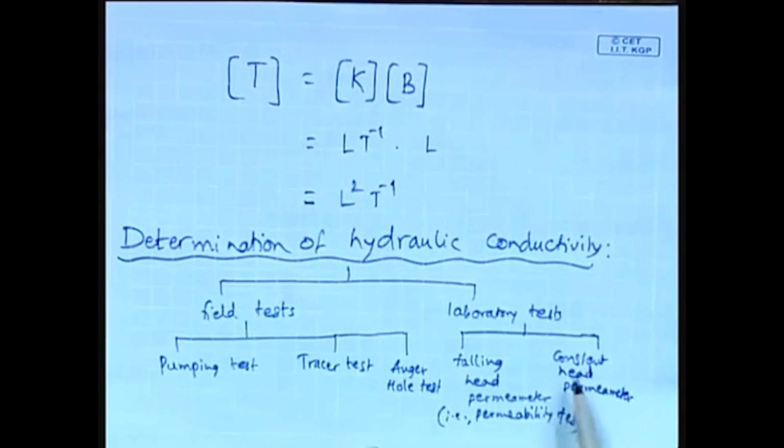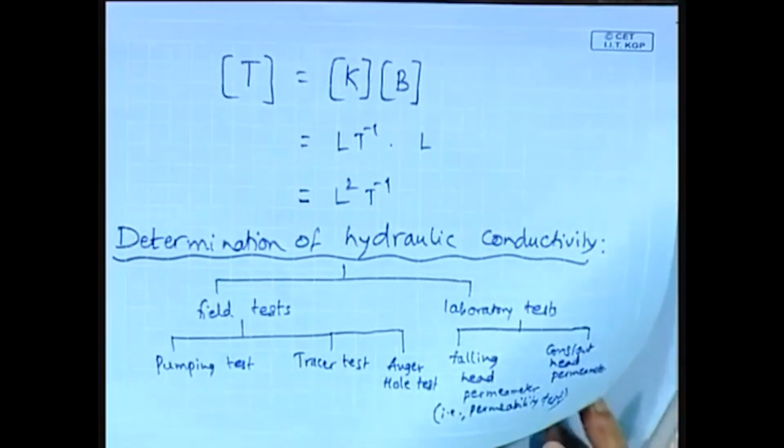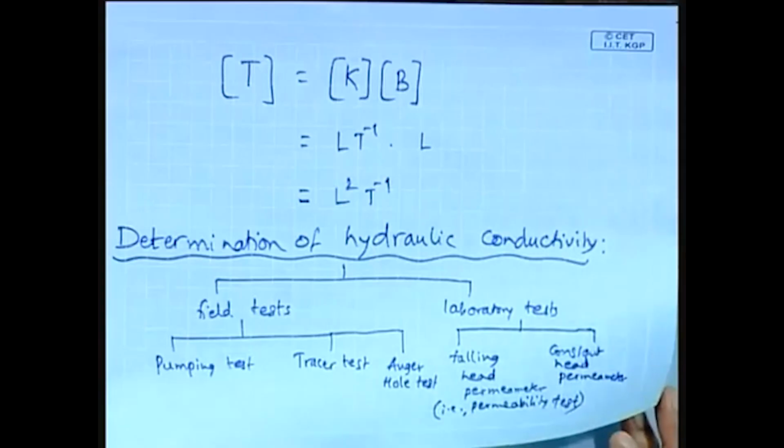So, the instrument, the experimental setup, which is used for determining the hydraulic conductivity or permeability in the laboratory is known as permeameter, and its specific purpose is the determination of the K or the hydraulic conductivity value.